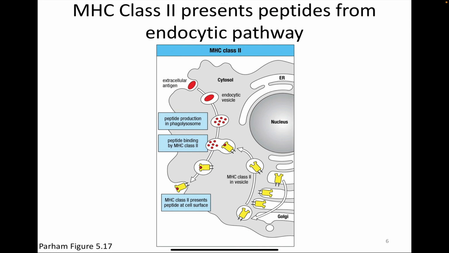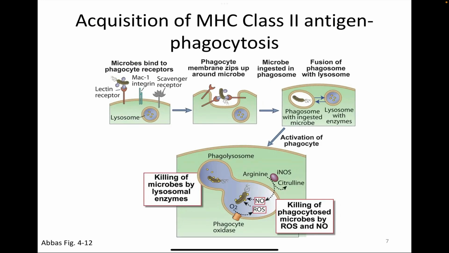With class 1, this was about being infected or having made the protein in the cytoplasm. And the cell really didn't have to try to make those things happen. In the case of class 2, however, the cell has to actively do something to acquire the antigen. The cell has to try to acquire the antigen.